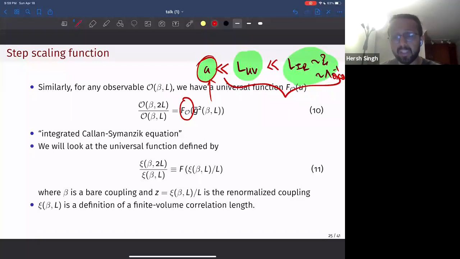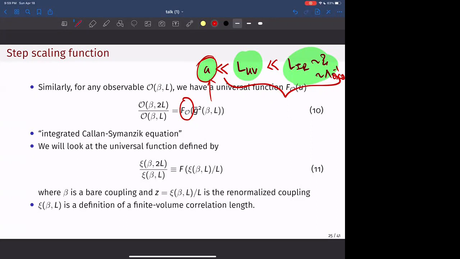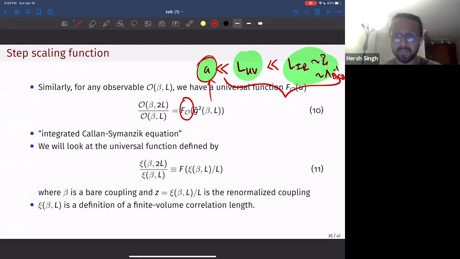What I want to say is L_UV is a genuine physical scale. It's not a cutoff. It's a physical UV scale. Yes, I understand that. Thank you, those are excellent questions. Thanks for asking.